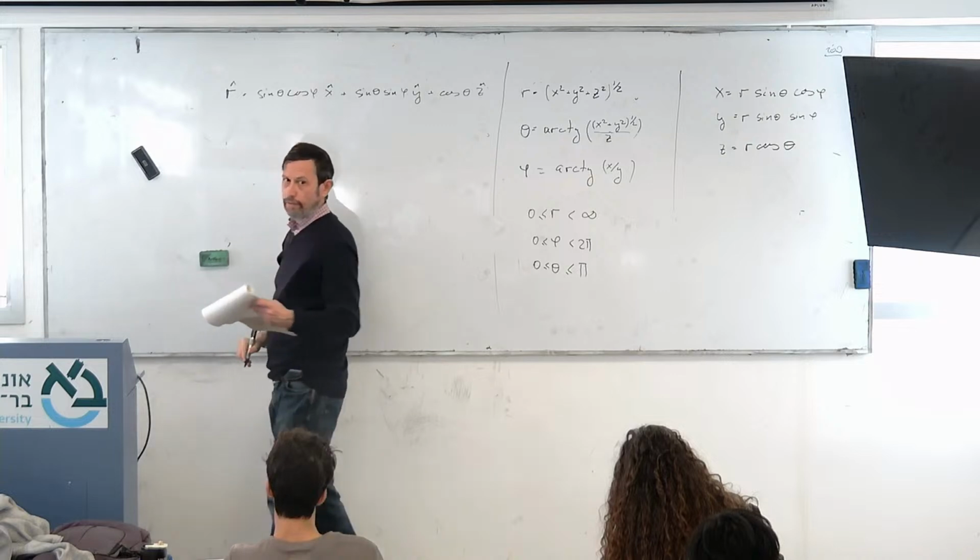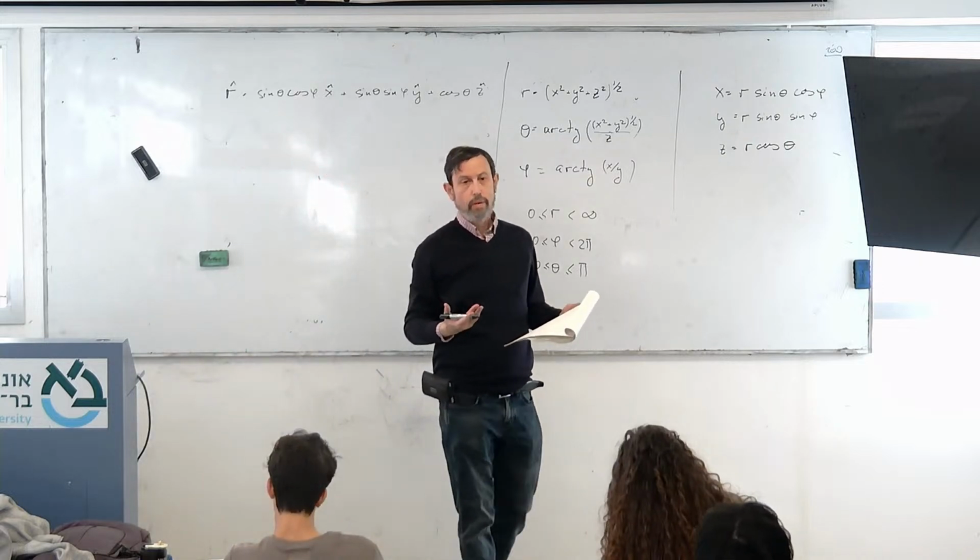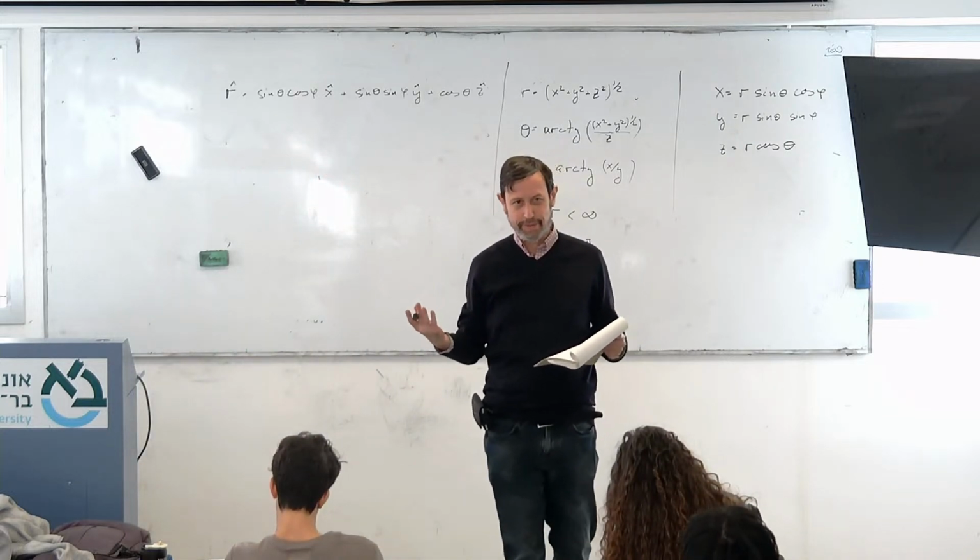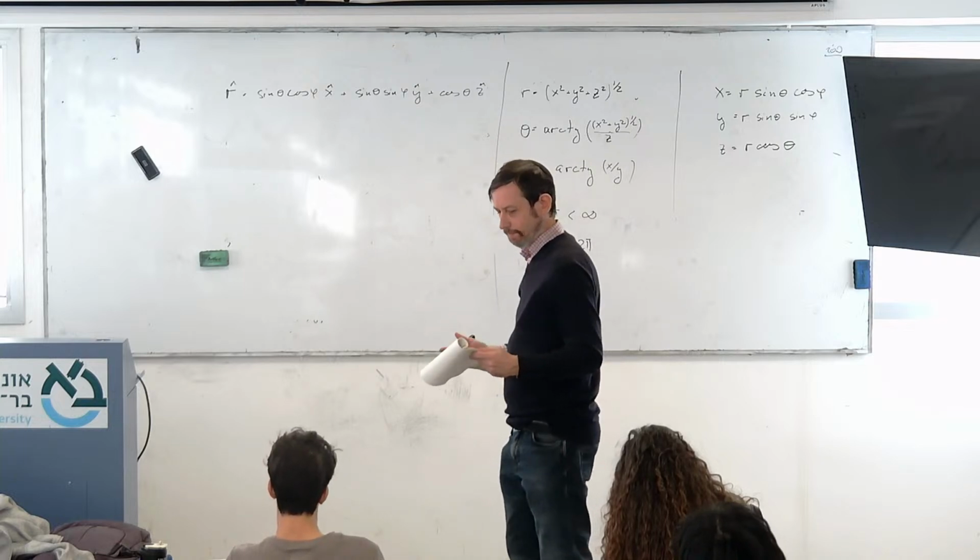This is the unit vector, therefore we don't have a distance r here, because it's a distance of 1.